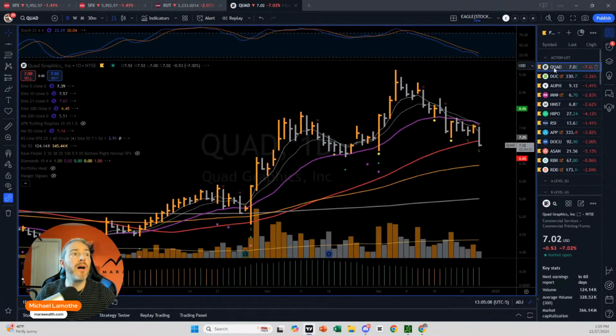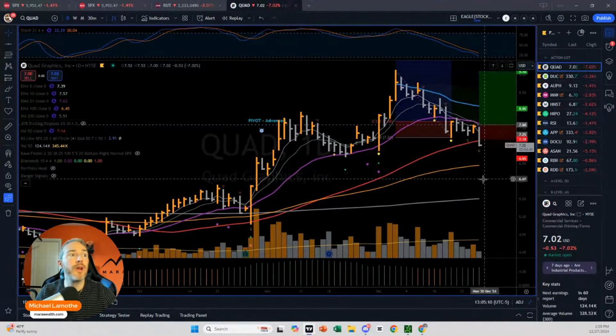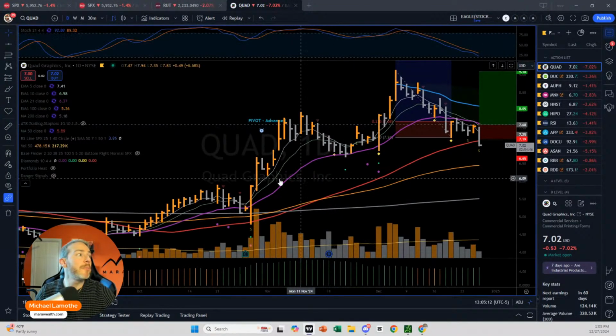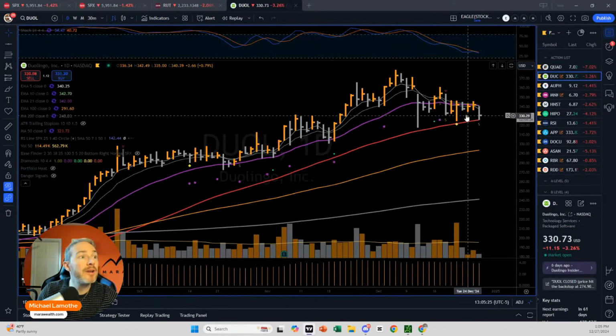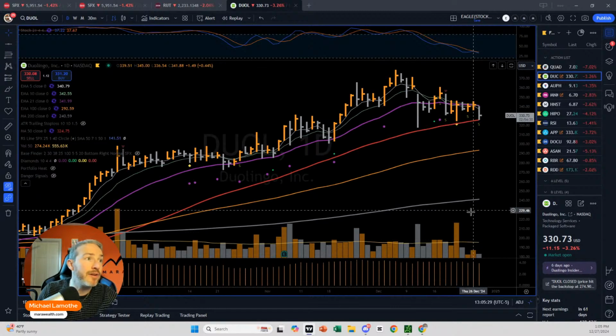There were a lot of potential setups on this list. Many of them in pullbacks. Many of them were getting nice and tight. Many of them had very good volume profiles, like this one here in QAD, this one here in Duolingo. You could see how it was tightening up yesterday.